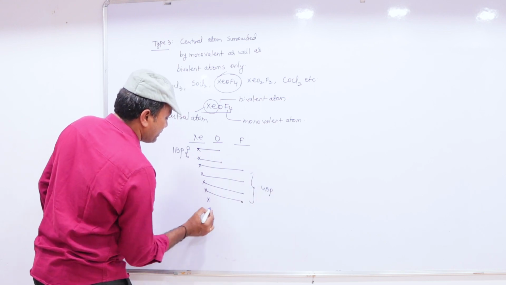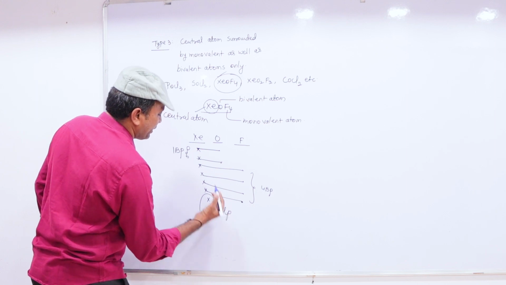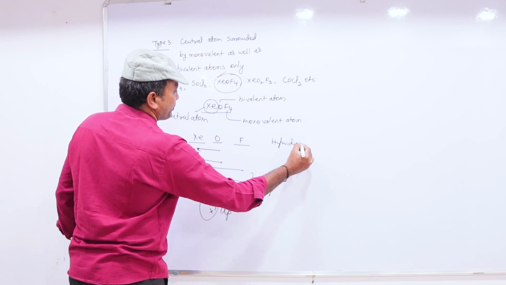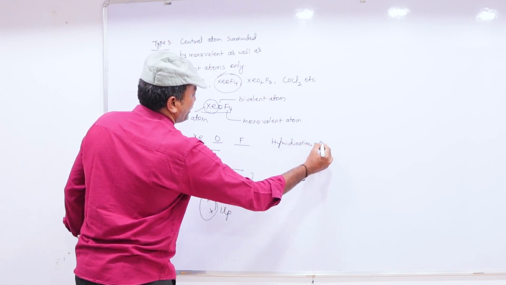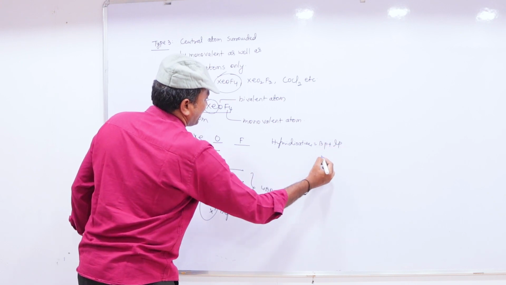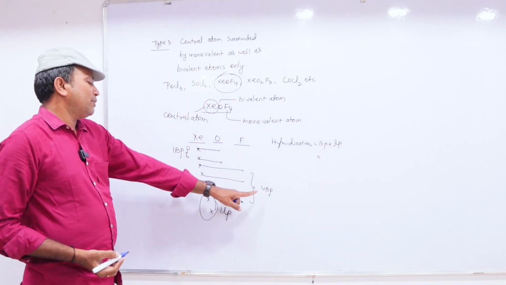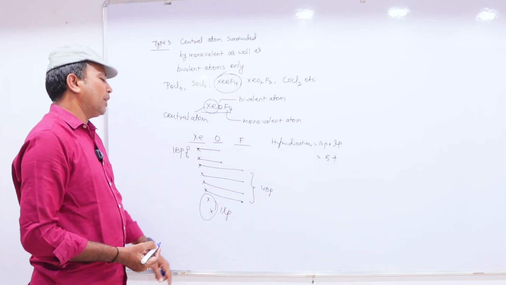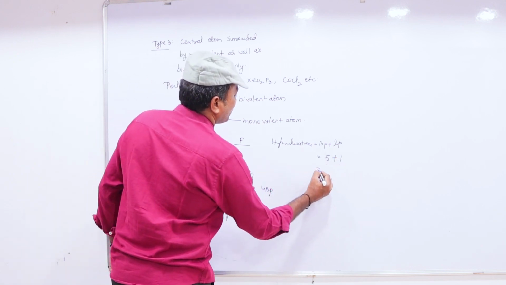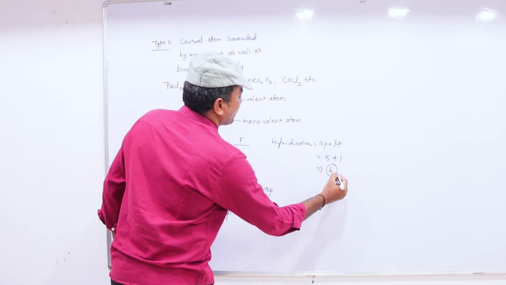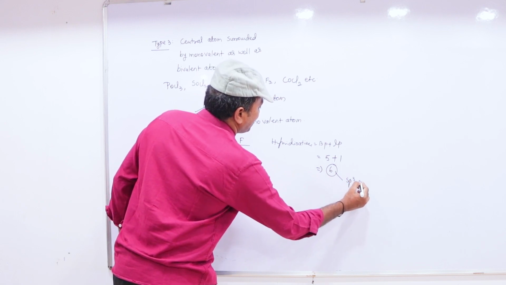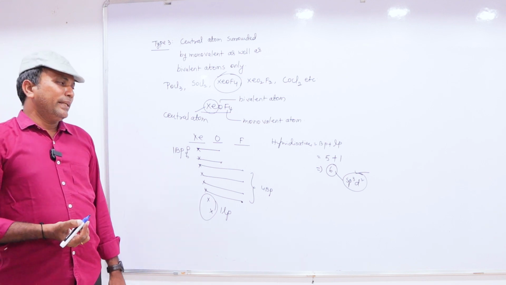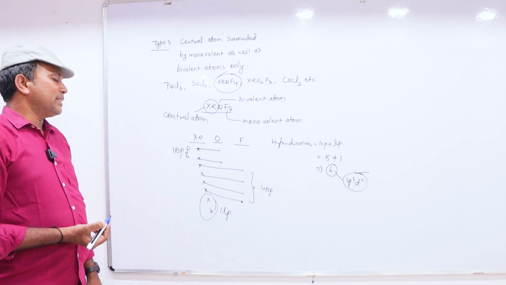So 4 bond pairs plus the oxygen bond pair make 5 bond pairs, and 1 lone pair. Hybridization equals bond pairs plus lone pairs: 5 plus 1, 6, that is sp3d2 hybridization.